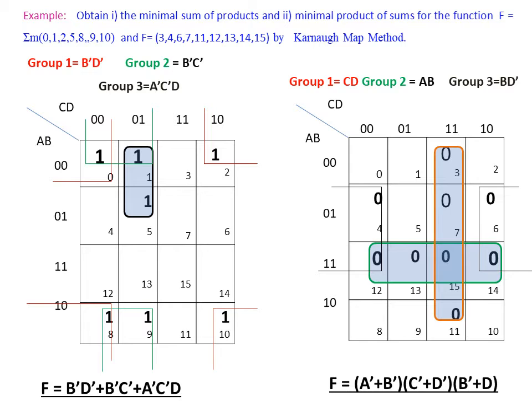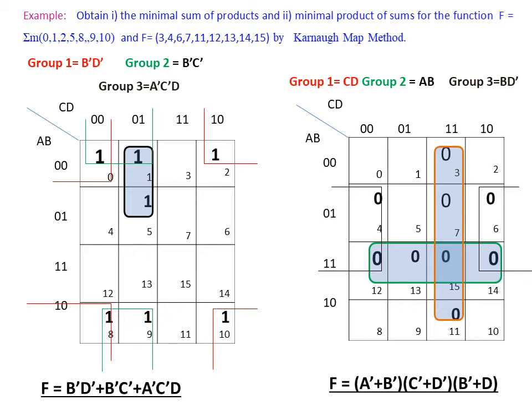Now in this example we are going to find the minimal SOP and minimal POS expression for the function. First we are going to find the SOP function. We are writing 1 to the corresponding cells. Then we will simplify the expression. So this one we can group like this, and this one we can group with this one.